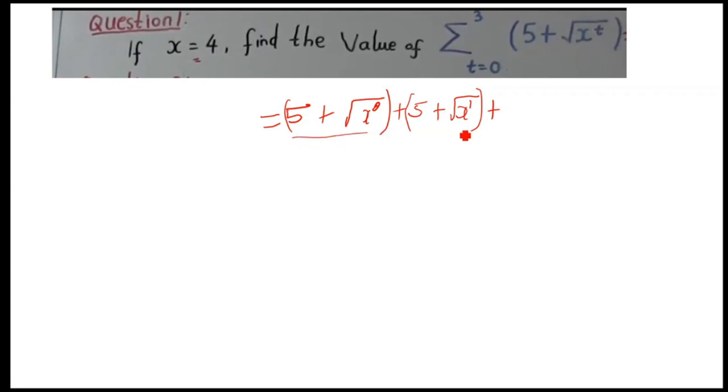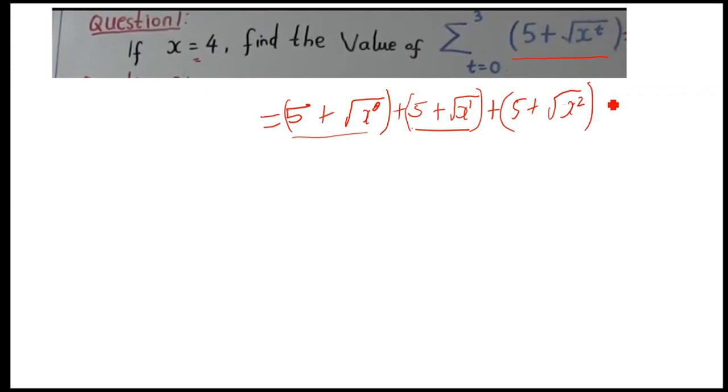So be careful when you are working with summations. Whatever you find here, you do it for each and every value of your t. I'm just highlighting the common misconception and common error that is possible in this question. So this is going to be 5 plus x to the power 2.